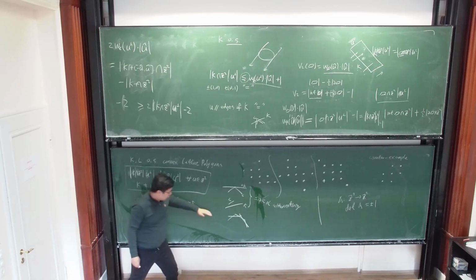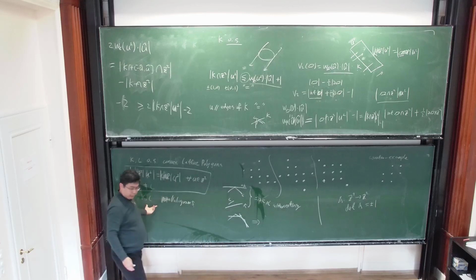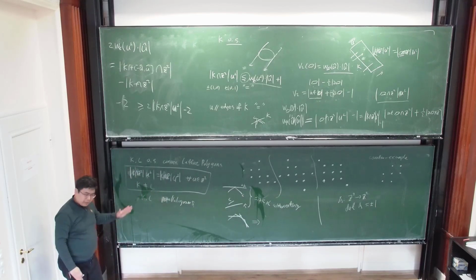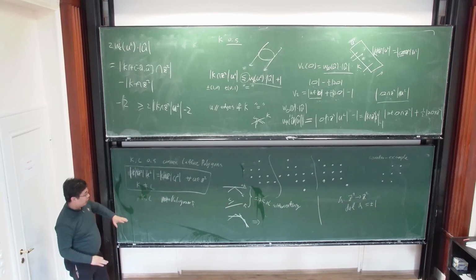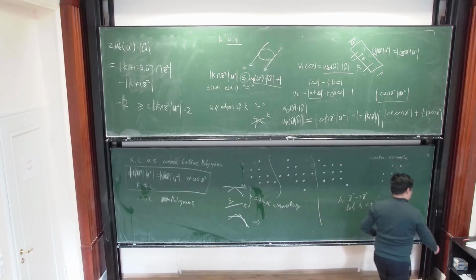Now, if you have alternating, then immediately you have this result. And why this is true is also based on the K lemma. I will talk about the K lemma. K lemma is like this.